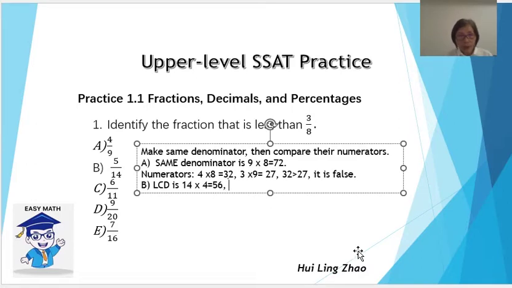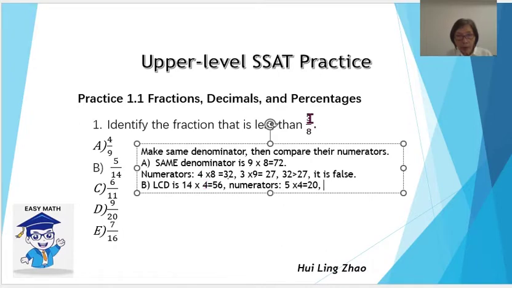So for the numerator, here is 5, and then 5 times 4, right, is equal to 20.